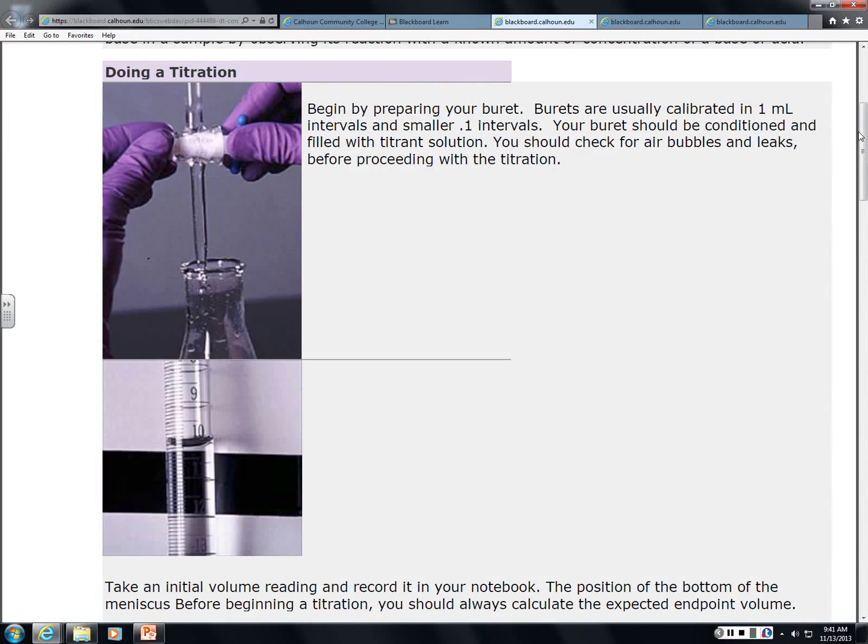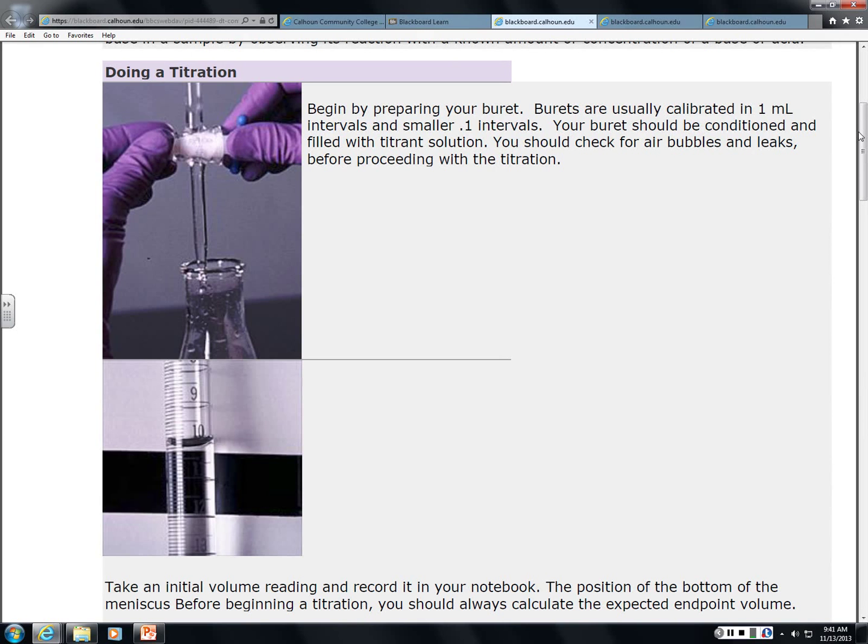The reason is that a burette is more precise than any of the other glassware we've used so far. So you need to measure to 2 decimal places. You're measuring a lot more precisely, and it is backwards, so yes, you start at 0.00 or wherever you landed.